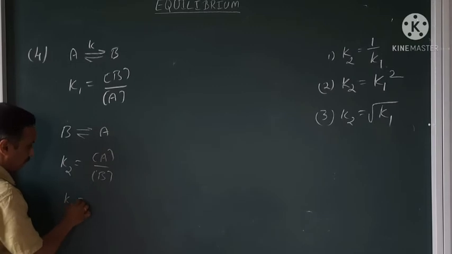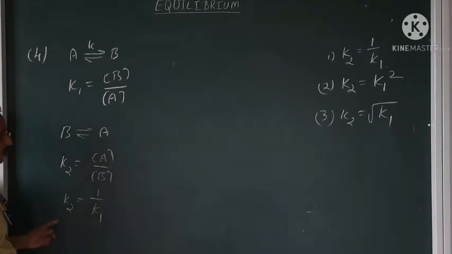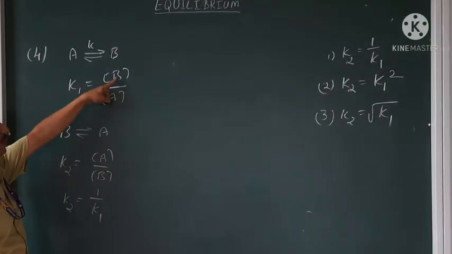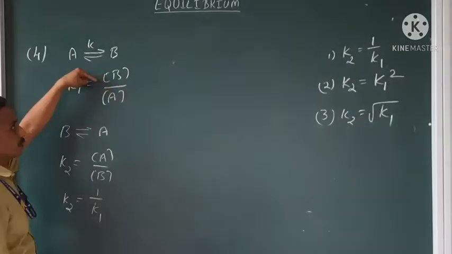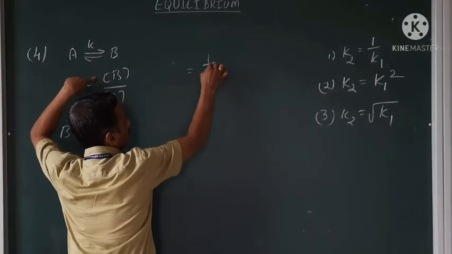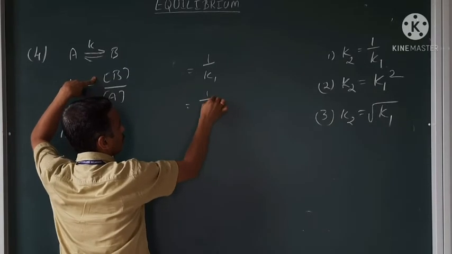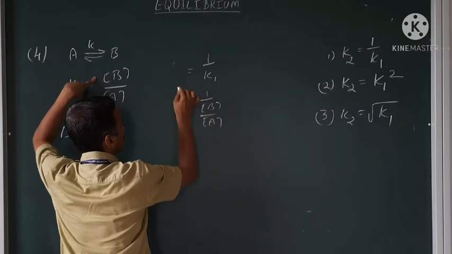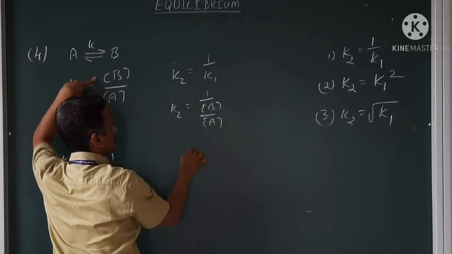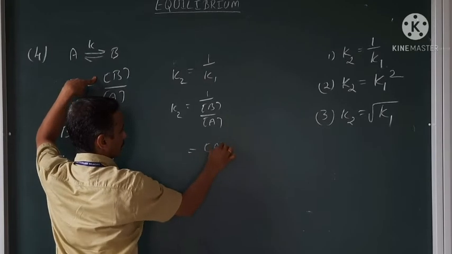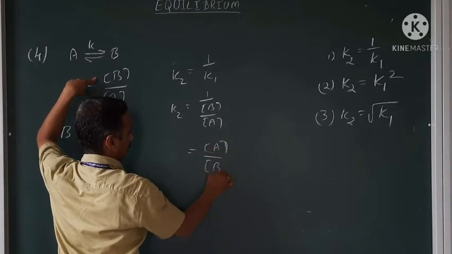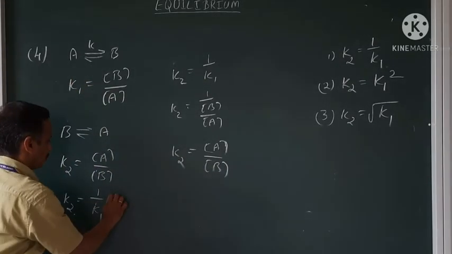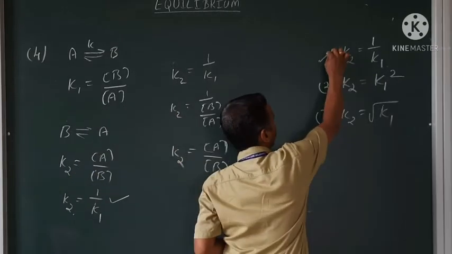So K2 is equal to 1 over K1 also. How? A by B will be obtained when I go for reciprocal properties. 1 over K1 is 1 over B concentration divided by A concentration. So it will be A concentration by B concentration, which is K2 only.